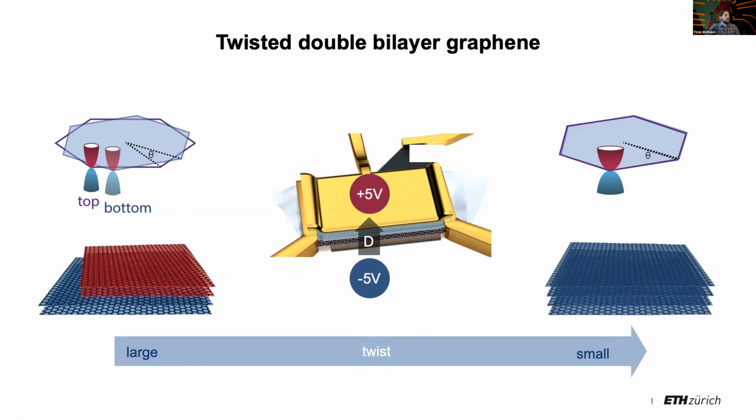What we'll now do is we go from this 10 degrees towards a smaller twist angle of 2.3 degrees. And the main thing that this will do is it will make the bands a bit heavier because the bandwidth gets smaller, and this will have a rather drastic impact on what pops up now. But let's first characterize the device at 2.3 degrees.